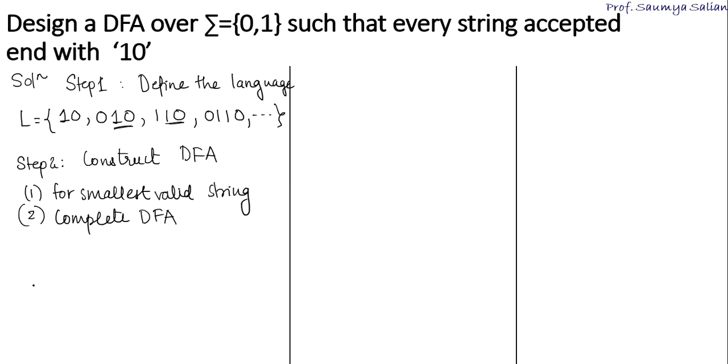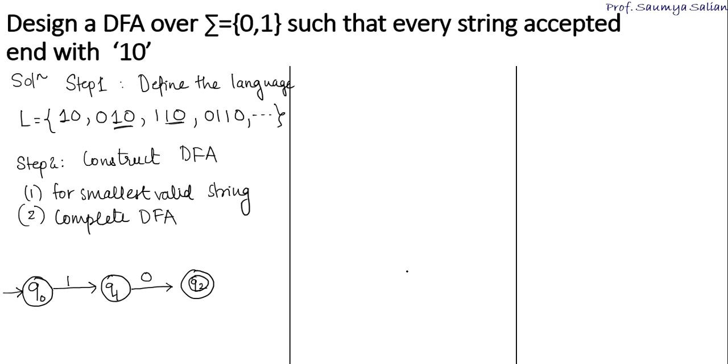So let's start at state Q0, which is our initial state. I directly show the transition, that is from Q0 on input 1 I reach state Q1. From Q1 on input 0 I'll reach the final state Q2.